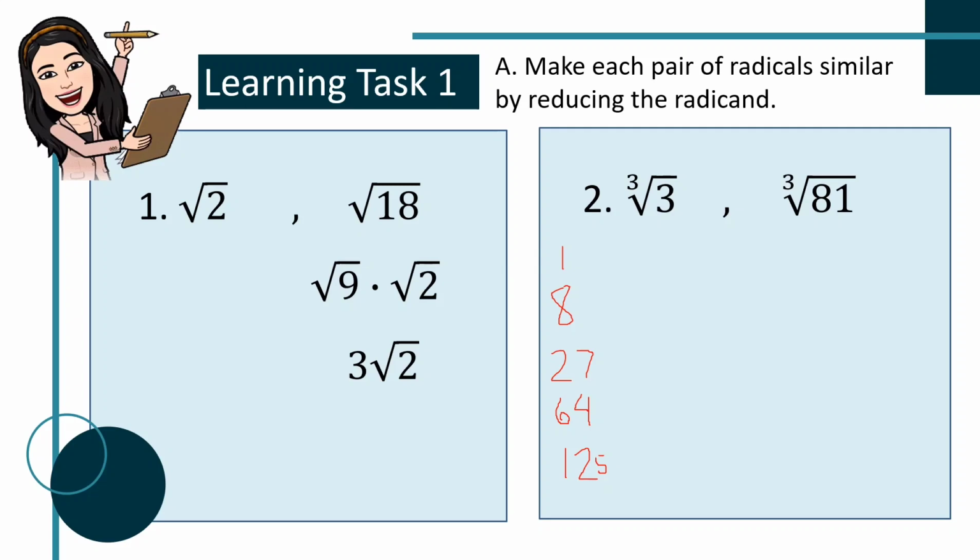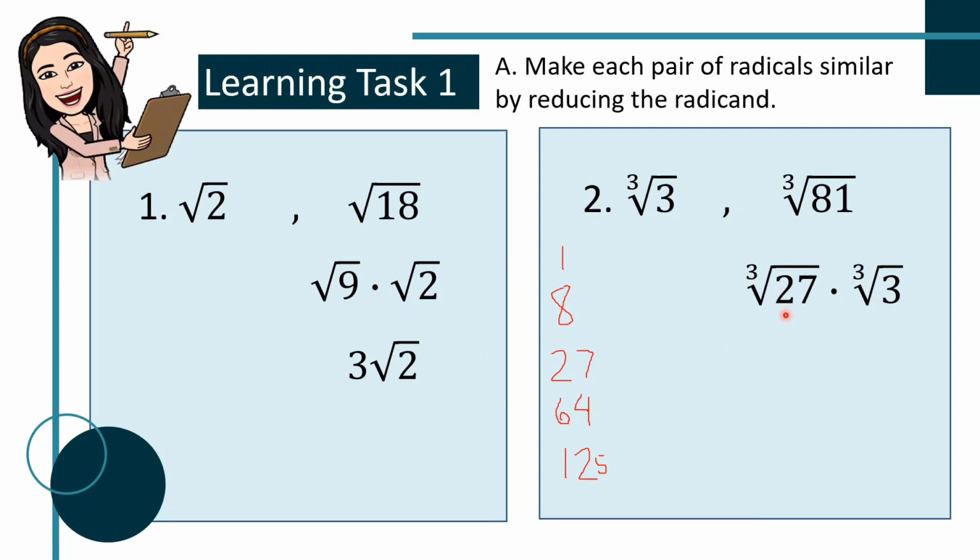So, let us look for factors of 81, one of which is any of these. That is 27 times 3. Is it correct that 27 times 3 equals 81? Yes. And if you notice, one of them is a perfect cube, our 27. So we can extract the roots.